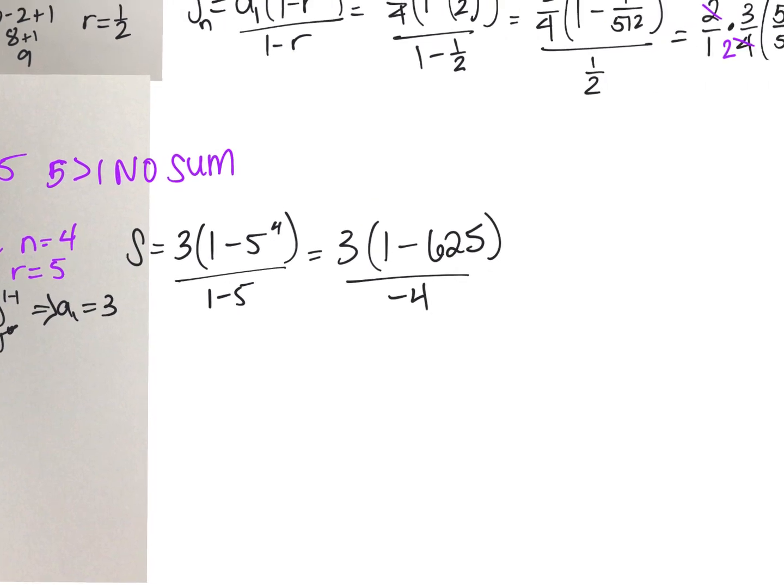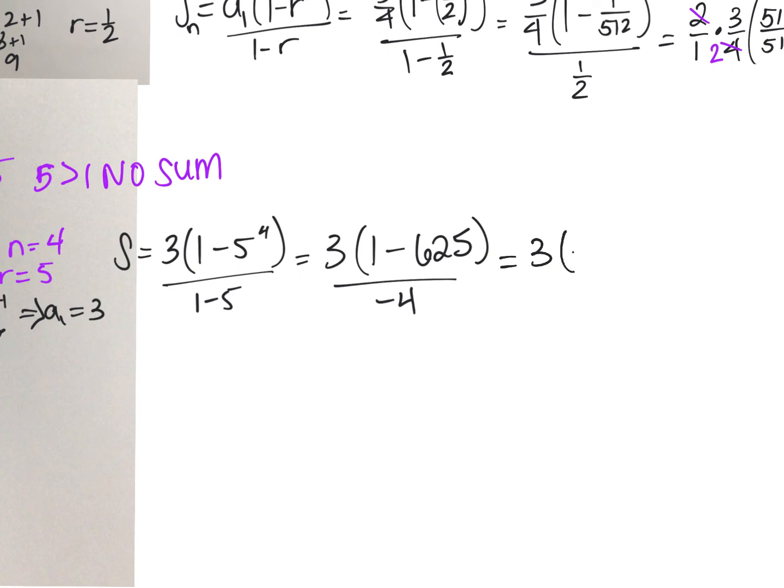And that's 3 times negative 624 over negative 4. 624 divided by 4 is 156. And 156 times 3 is 468. The negatives cancel, so I get a positive 468.